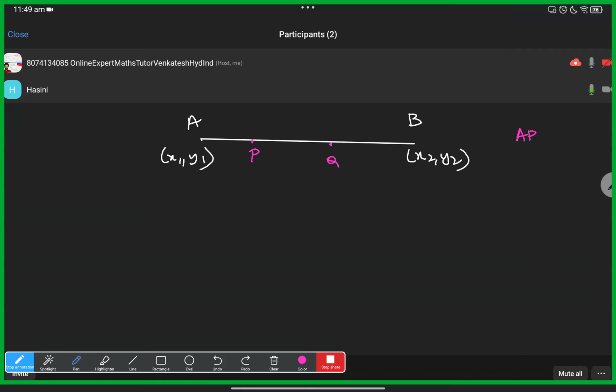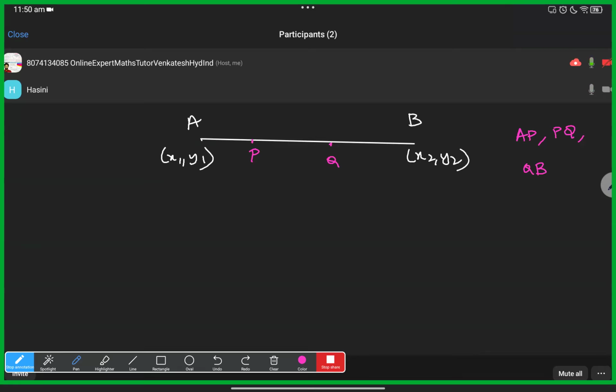Then PQ is the second part. Then QB is the third part.